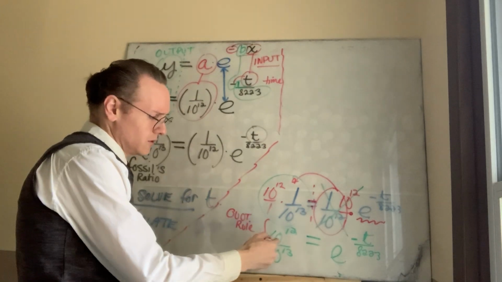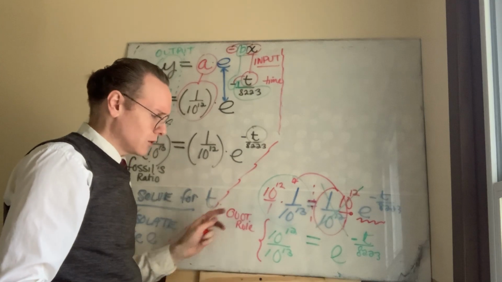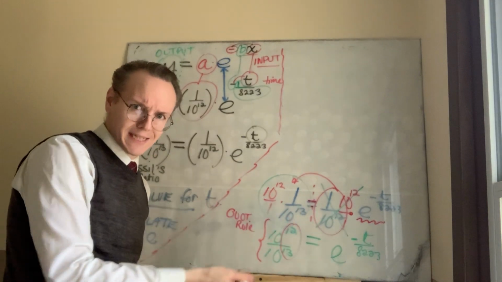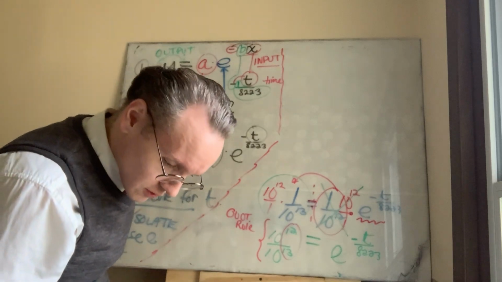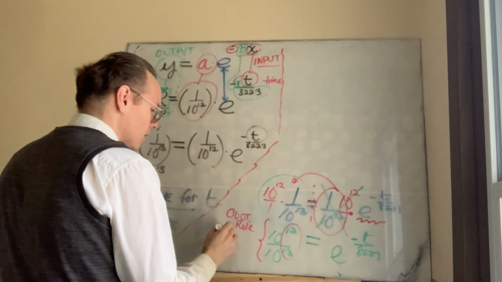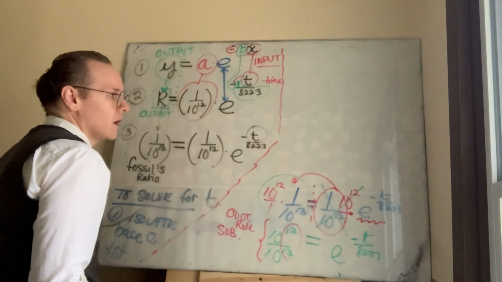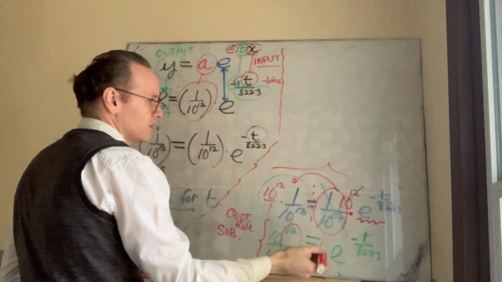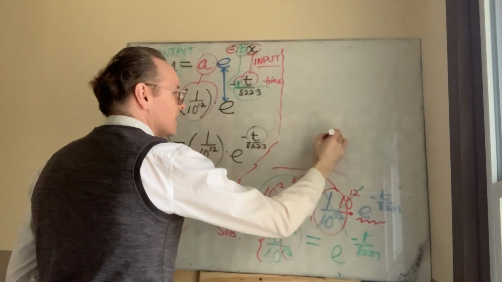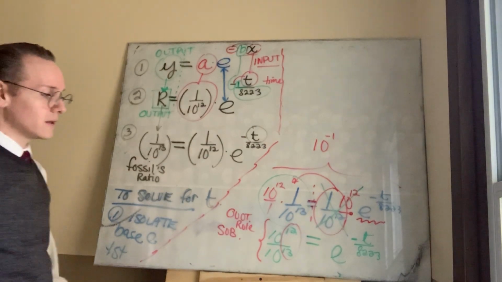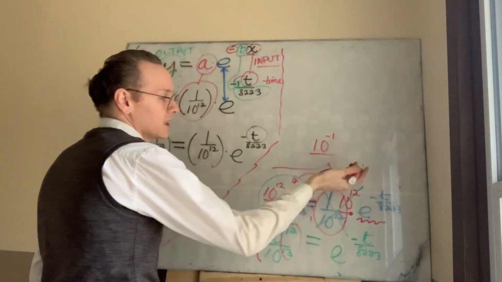This is a base 10, this is a base 10, and according to the quotient rule, in theory I would subtract these, and I end up getting a negative, unfortunately, but that's just the way it is. I'm going to put the work up here. 12 minus 13 would leave me with 10 to the negative 1st, and I'm automatically sticking that above the line.